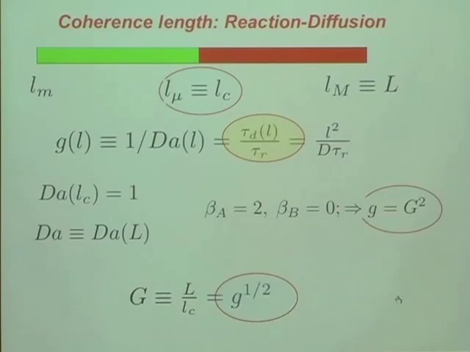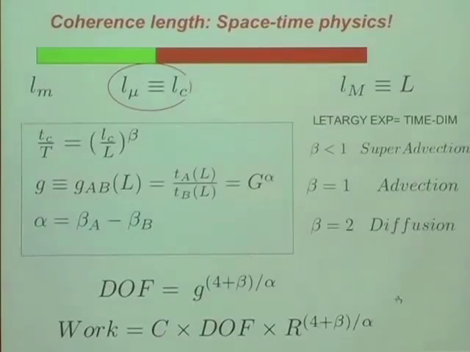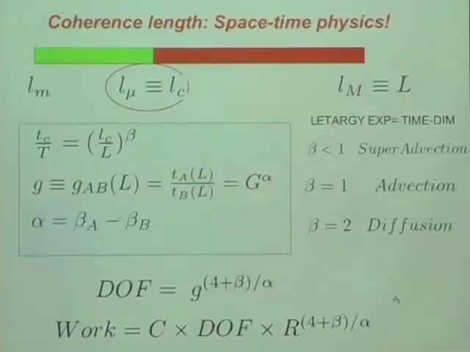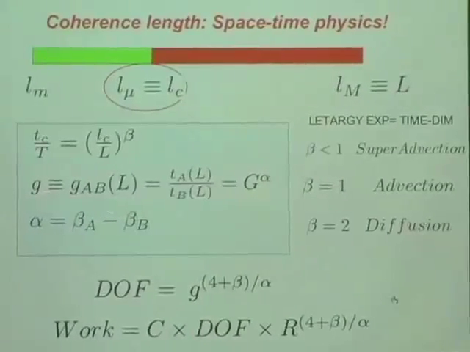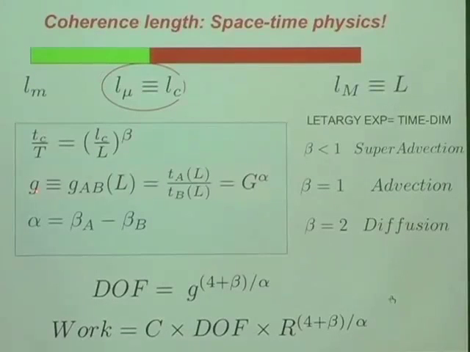So now remember that this alpha, the relation between the coupling strength and the gap, is nothing but the difference of the two exponents. In the case of diffusion, the coupling strength of the theory goes like the square of the space separation.